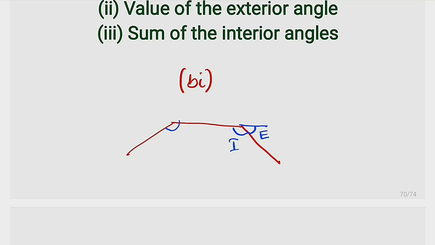And one thing you should know about these exterior angles is that their summation is equal to 360 degrees, meaning if you add all the exterior angles together, you're going to get 360 degrees. Therefore, every single exterior angle will be equal to what? 360 degrees divided by n, because all of them are identical, I told you.